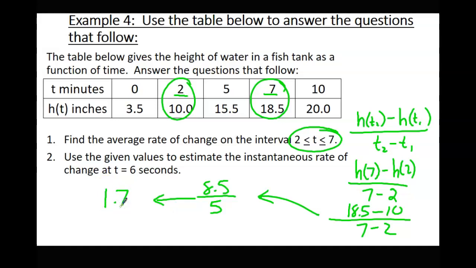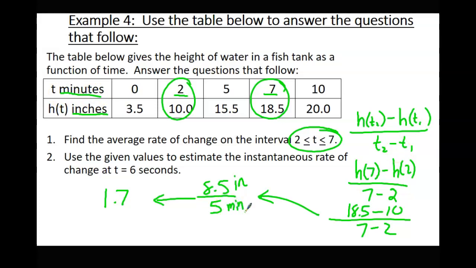Now we want to include our units, okay? So let's back up a little bit. H of t is what's on top, right? H of t is in inches. So the top number comes from the h of t, which is the inches. The bottom numbers are time values, and our time is in minutes. So this is in minutes for 5 minutes.